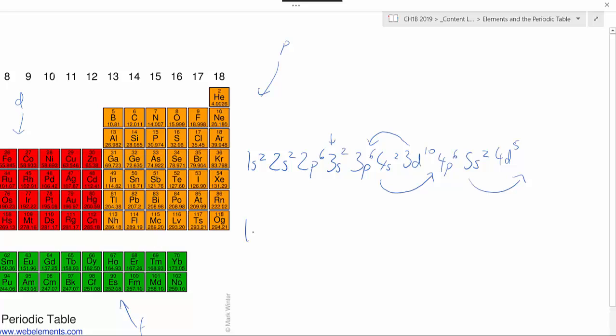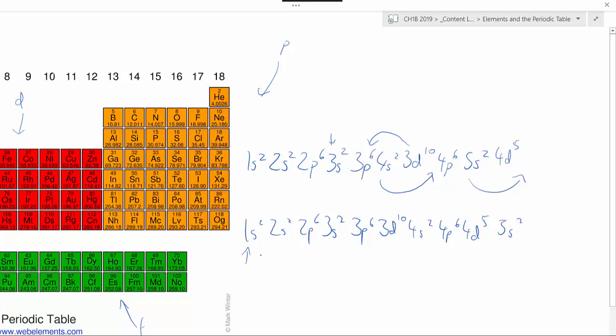So if we rewrite this properly, we get 1s2, 2s2, 2p6, 3s2, 3p6, 3d10, 4s2, 4p6, 4d5, 5s2.